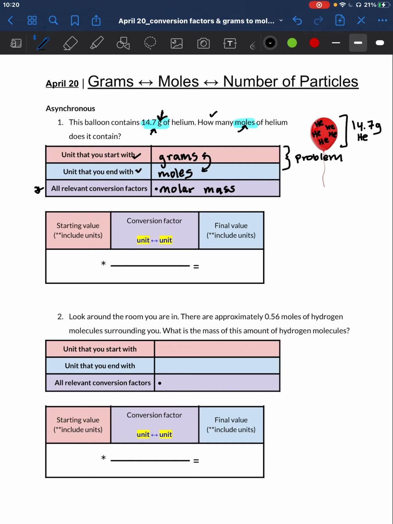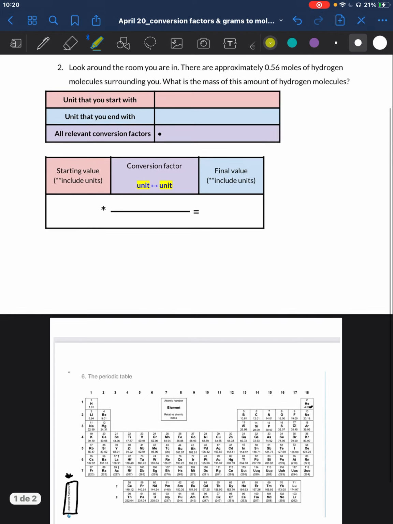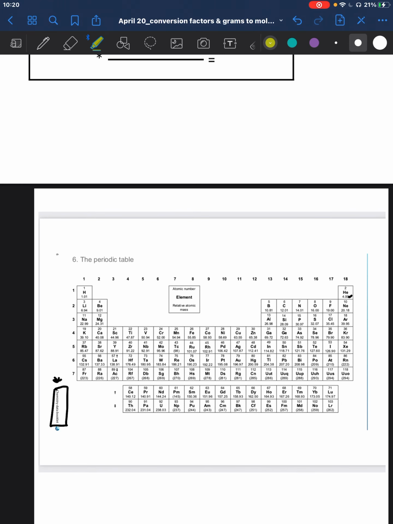All right, so I need to look up the actual conversion factor for this case. How do I find the molar mass of helium? Well, I go to my handy dandy periodic table. Please notice I'm using the periodic table from the data booklet.